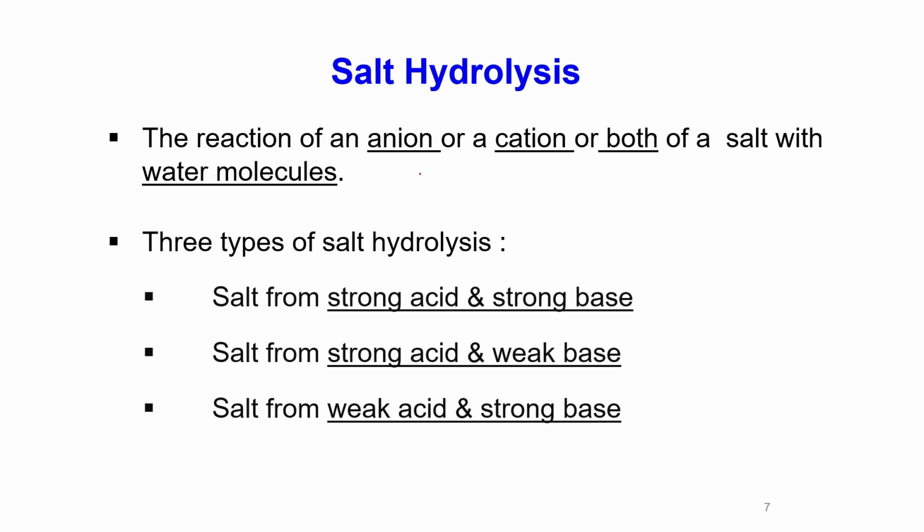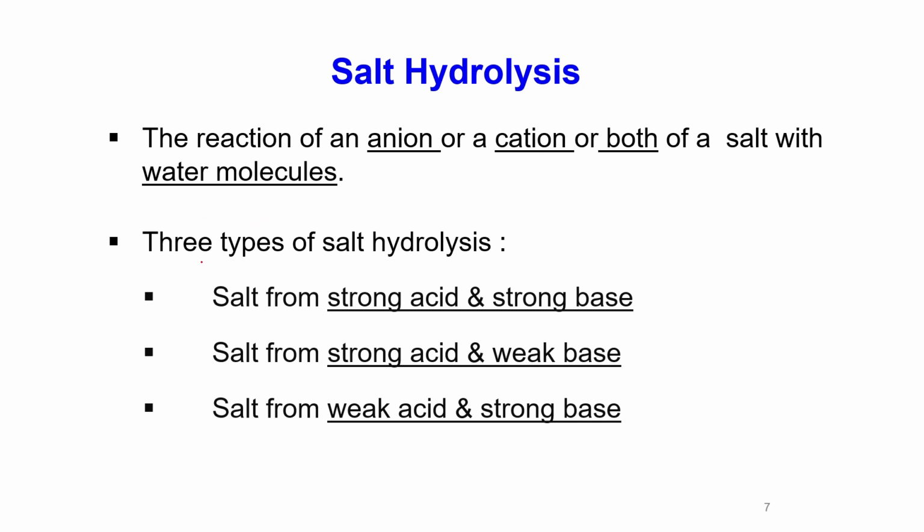So what is salt hydrolysis? Salt hydrolysis is the reaction of an anion or cation or both of salt with water molecules. Jadi salt hydrolysis ni adalah tindak balas cation ataupun anion daripada garam dengan molekul air. So hydrolysis meaning that reaction with water.